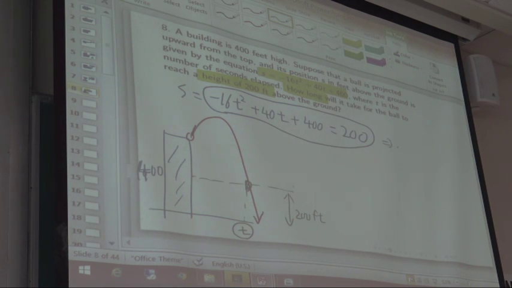So if we simplify this, because this is a negative 16t squared, move everything to the right hand side. Then 0 is 16t squared minus 40t plus 200 minus 400, which is 16t squared minus 40t minus 200 is equal to 0.